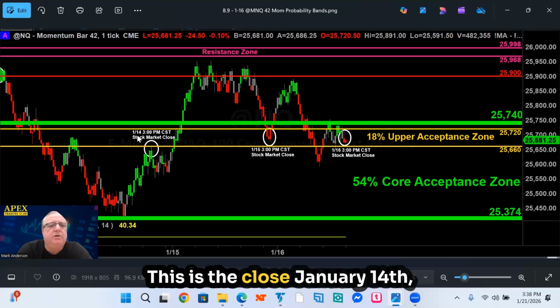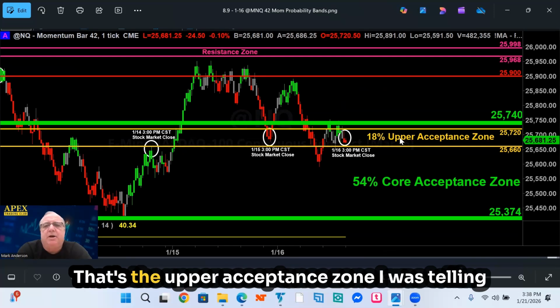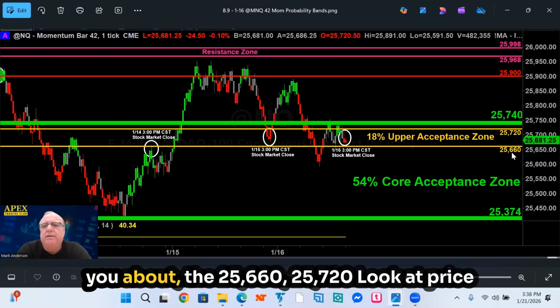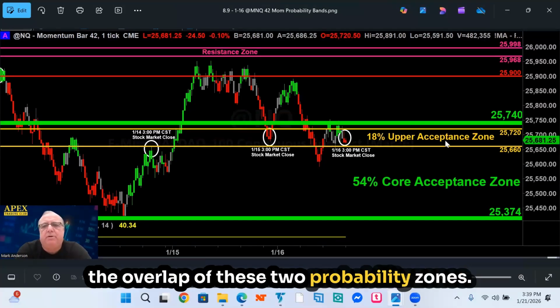Now look at this. This is the close January 14th, January 15th, and January 16th. Look at that. That's that upper acceptance zone I was telling you about, the 660 and 720. Look, price closed exactly in the middle, dead center of the overlap of these two probability zones.